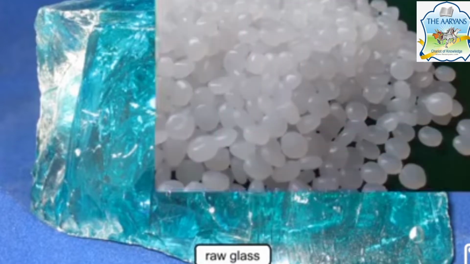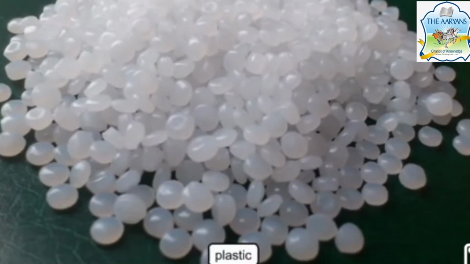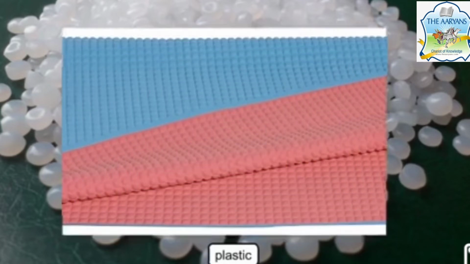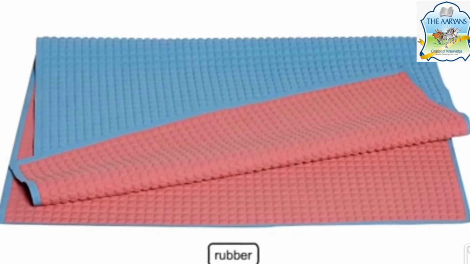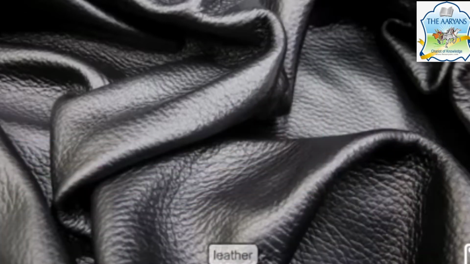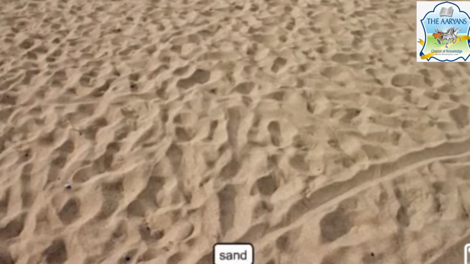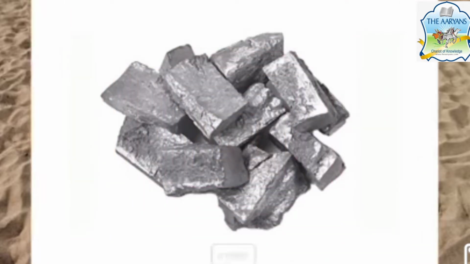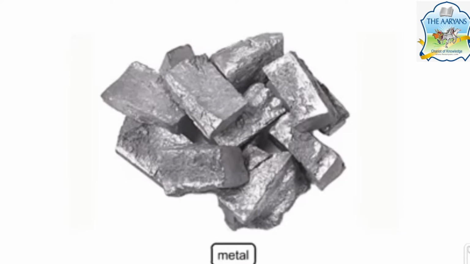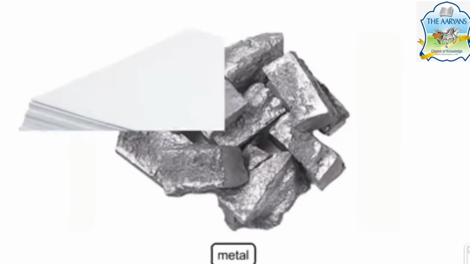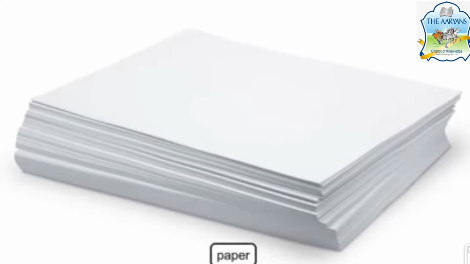That is raw glass, that is plastic, and this is rubber. It is leather. And it is sand. Metal. Paper.